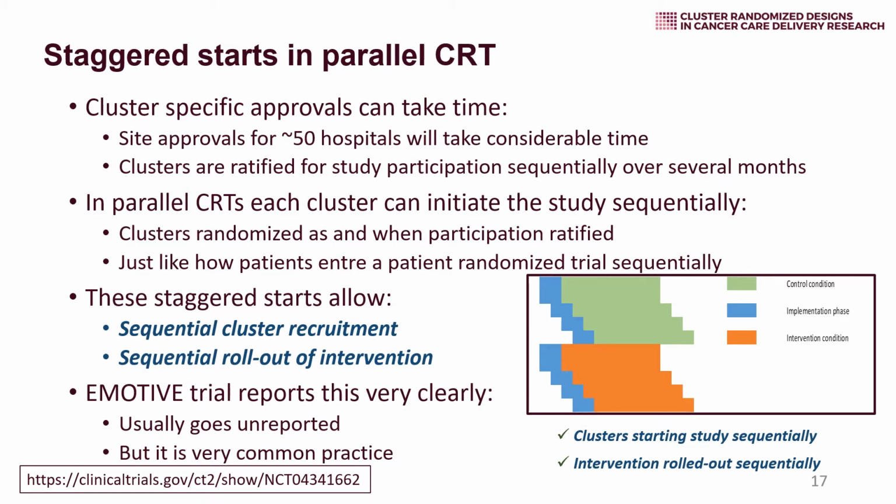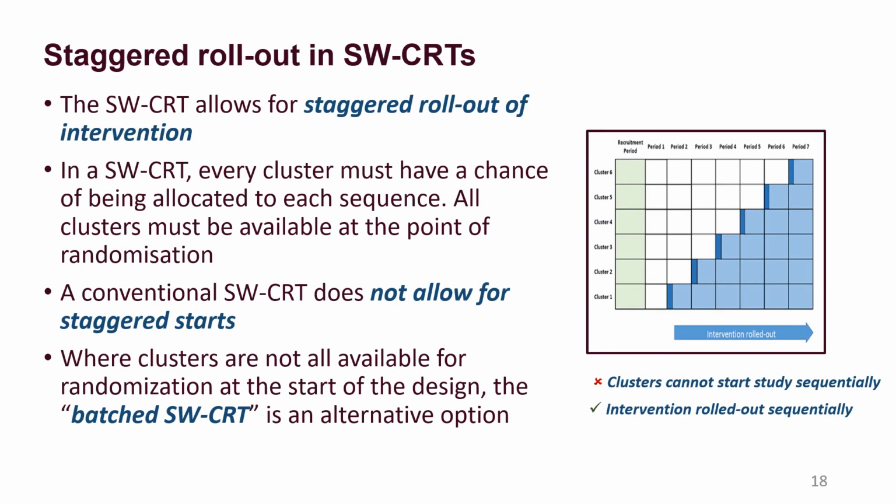Now, it usually goes unreported in most parallel cluster trials, but it's very common practice. So parallel cluster trials allow clusters to start the trial sequentially and can also allow the intervention to be rolled out sequentially. On the other hand, whilst the stepped-wedge cluster randomized design allows for staggered rollout of the intervention, it does not allow for clusters to start the trial sequentially.